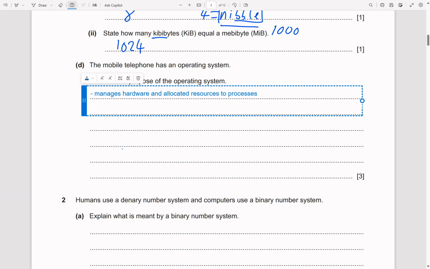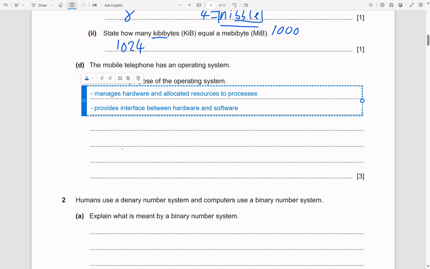And then we can also say it provides a way for the hardware and software to interact. So kind of an interface between the hardware and software. And I then want to say, well, it also provides an interface between the user and the hardware, or the user and the system.